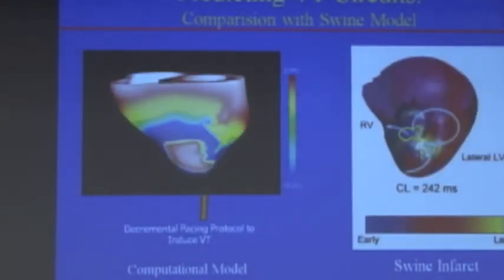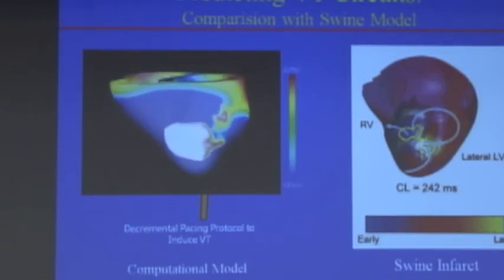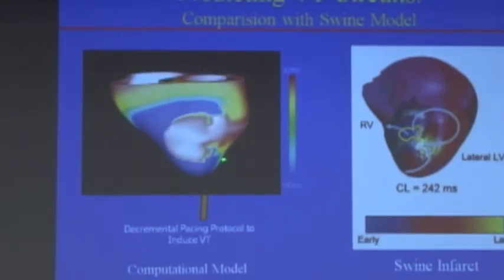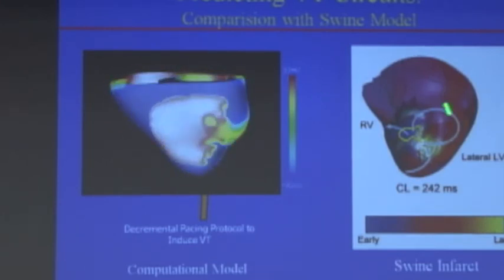There you go. Too quick on the trigger. So we pace, and then there's your figure of 8 VT. There's one limb of it, and there's the other limb of it. It looks surprisingly similar, in fact, to the VT from the real heart.